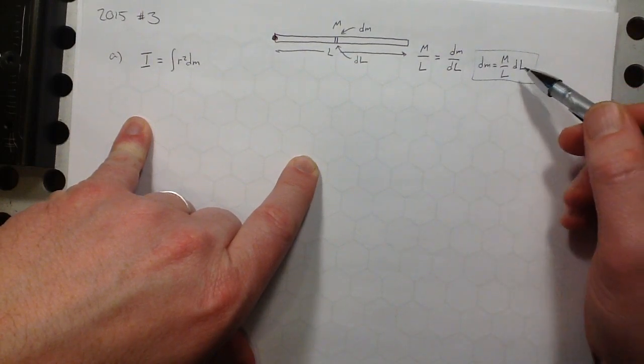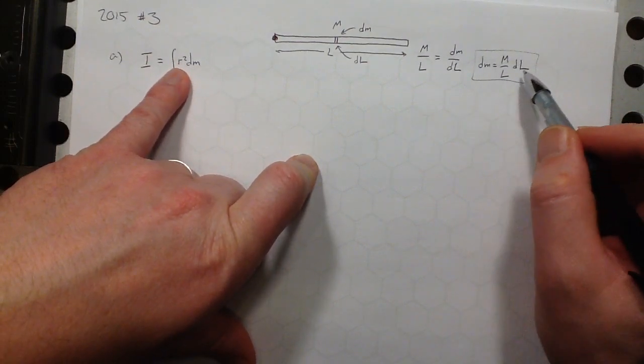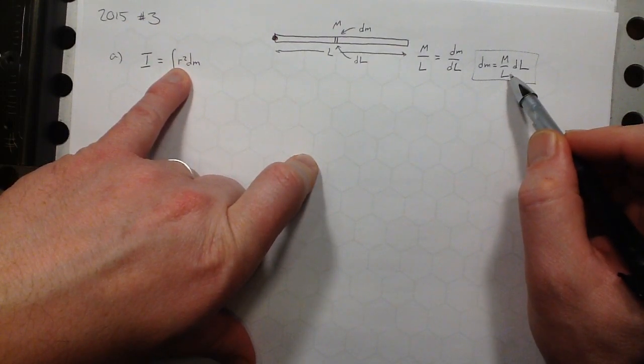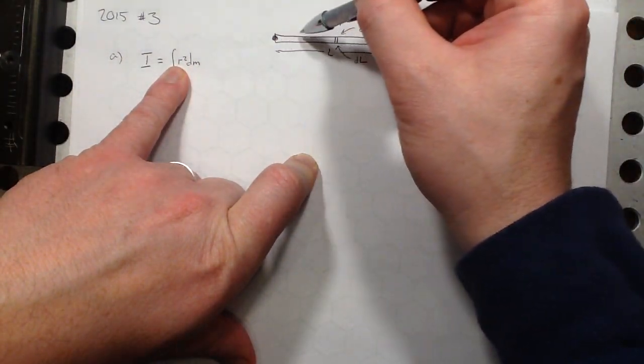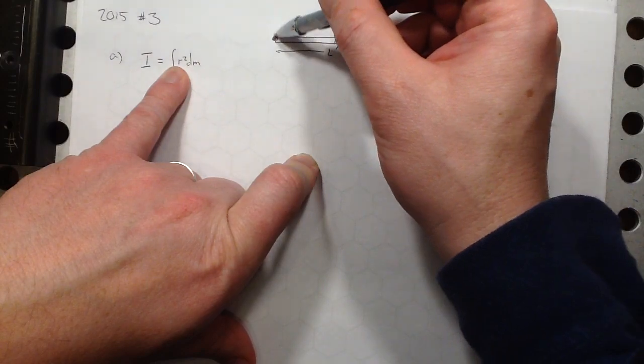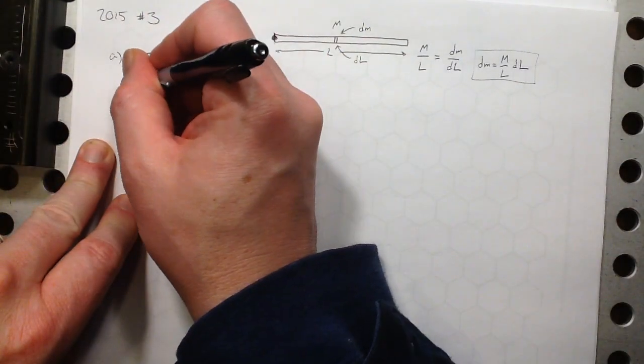And if you're wondering, well, how the heck is that going to help? Because the r here is, those are L values. Like the r we're talking about here with the length of a rod, it's how far away we are from the axis. So let me show you what that looks like.